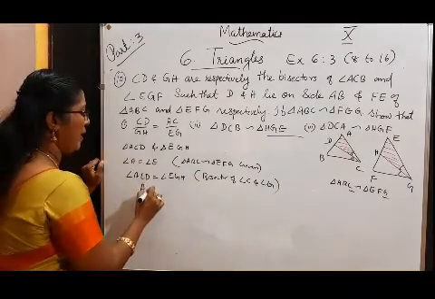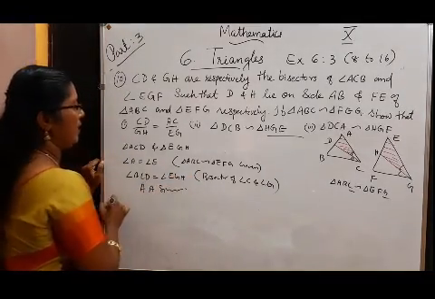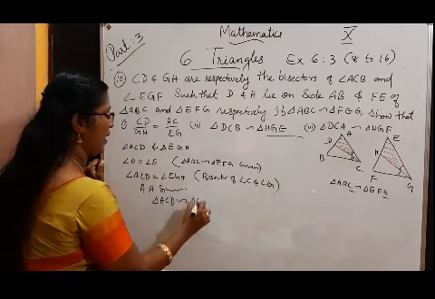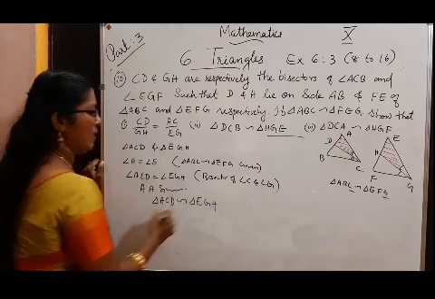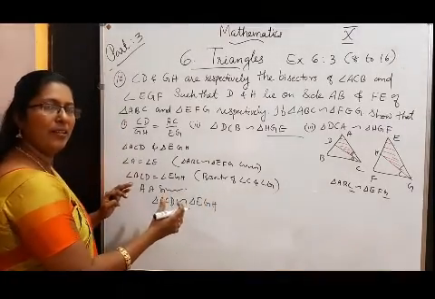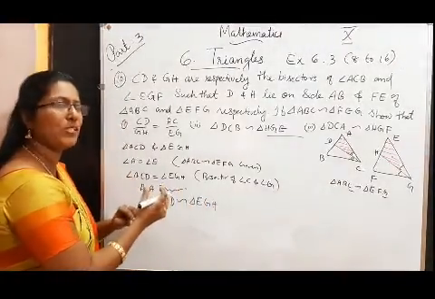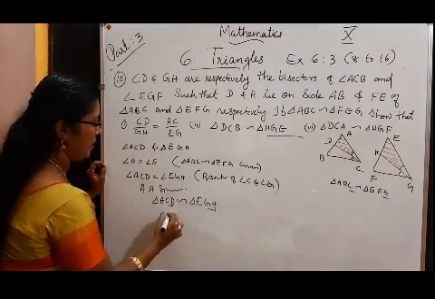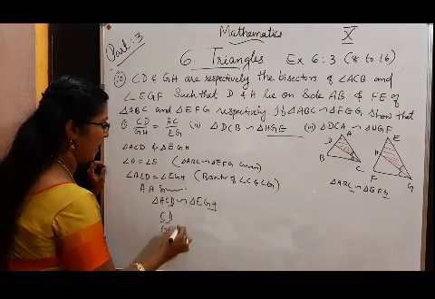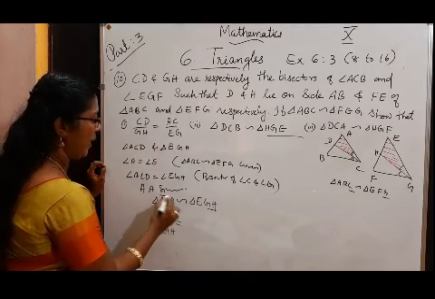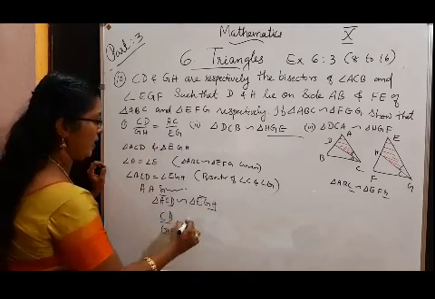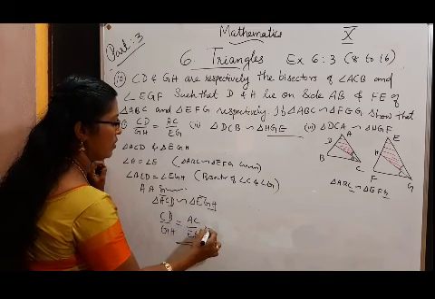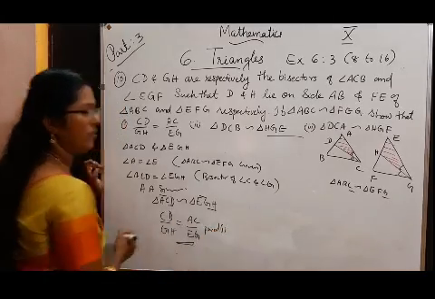By AA similarity criterion, we can say that triangle ACD is similar to triangle EGH. If it is similar, the corresponding parts are proportional. So we can write CD by GH equal AC by EG. Proved 1. Okay.